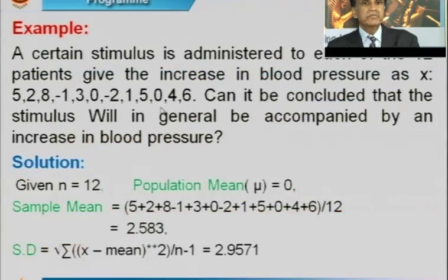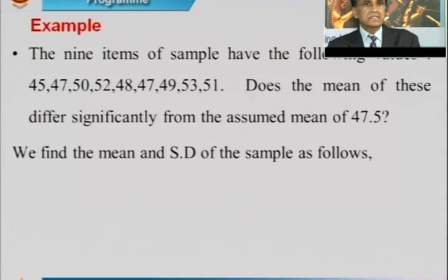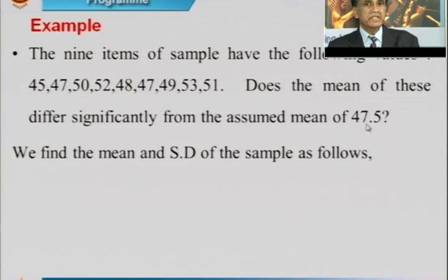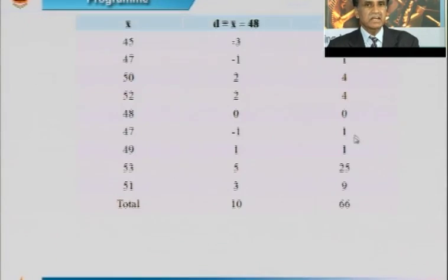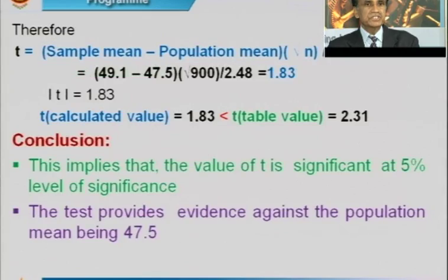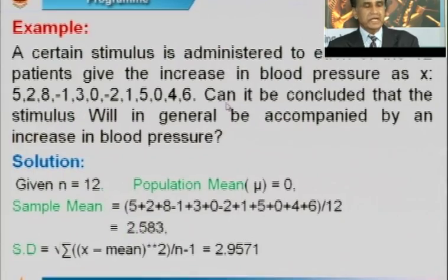If you compare with the previous problems, for example, here only the x series is given and the population mean is given, and the rest of the values you have calculated. Then in the next situation, the x series is given and the population mean is not given.